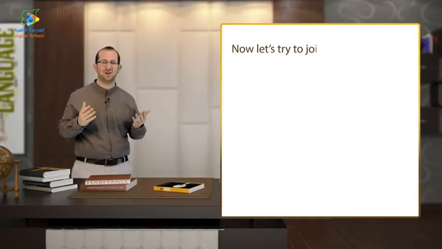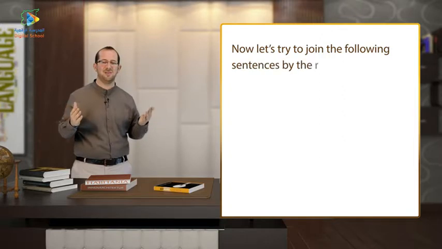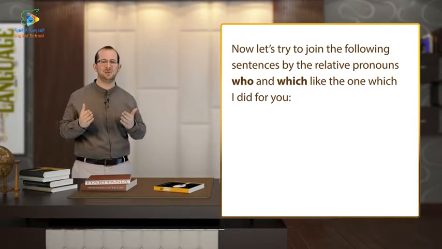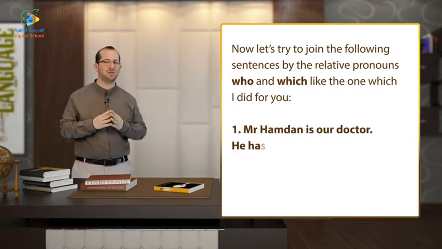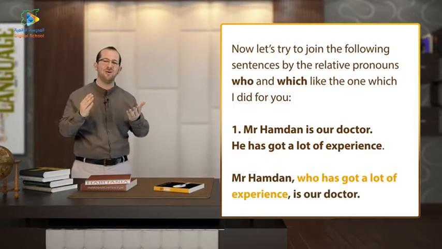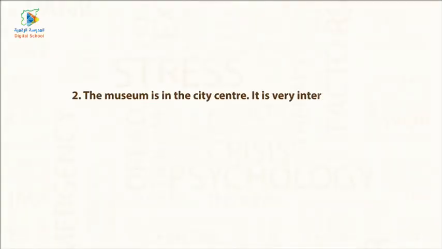Now, let's try to join the following sentences by the relative pronouns who and which, like the one which I did for you. 1. Mr. Hamdan is our doctor. He has got a lot of experience. Mr. Hamdan, who has got a lot of experience, is our doctor. 2.